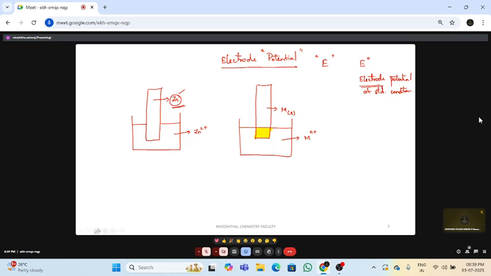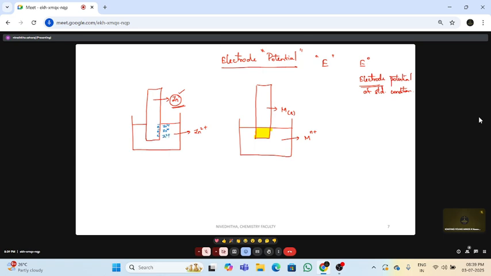So what is oxidation? Zinc will lose its electrons, and the electrons lost by the zinc will accumulate on the rod, and zinc will get converted into Zn2+ ions and dissolve inside the solution. Dissolving doesn't mean the Zn2+ ion will go somewhere far inside the solution. It will be in the vicinity of the electrode, very near to the electrode.